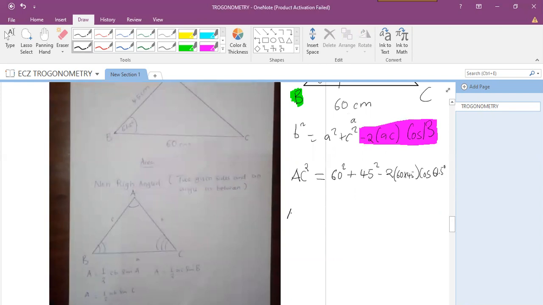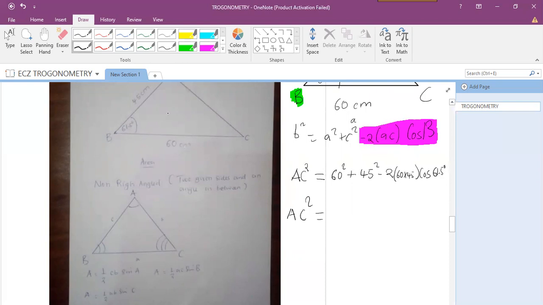So all we have to do now is substitute and do the arithmetic. AC squared is, on your calculator, 60 times 60, or you can just say 60 squared, it's fine. You're going to get 3,600.